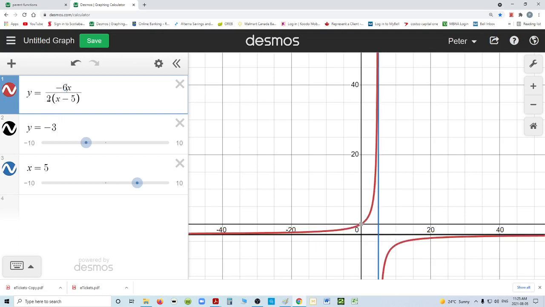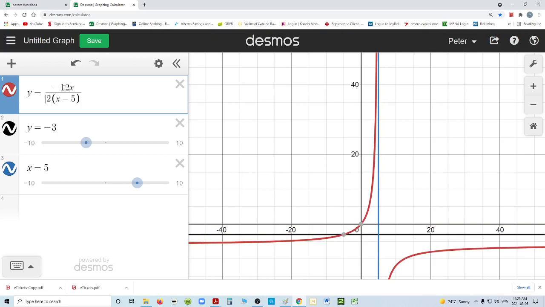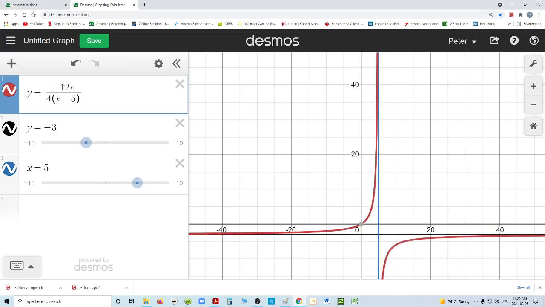What's minus 6 divided by 2? Minus 3. Creates the same horizontal asymptote. So you're going to learn when the powers of x are the same, the horizontal asymptote is dictated by the coefficients divided. I could also do it with minus 12 over 4. See? Minus 12 divided by 4 is minus 3. We'll get more into that.